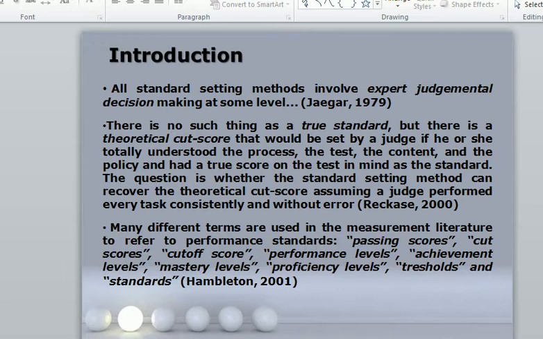The question is whether the standard setting method can recover the theoretical cut scores, assuming a judge performed every task consistently and without error.